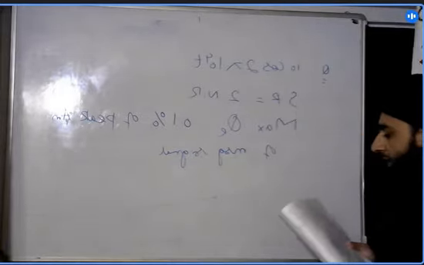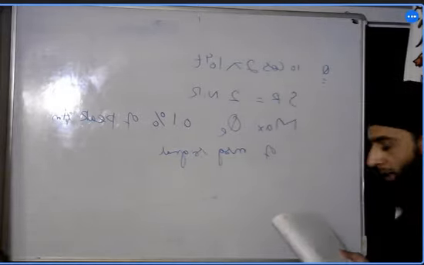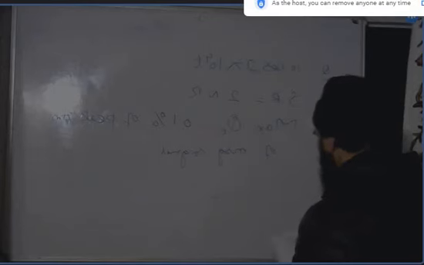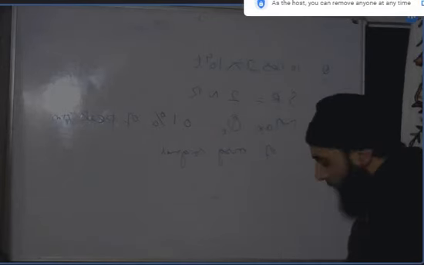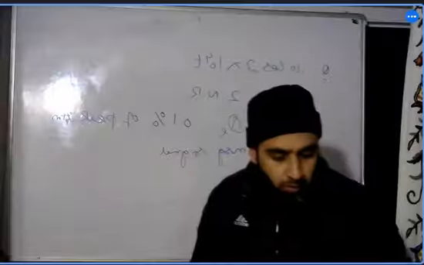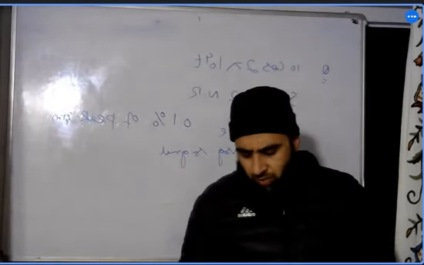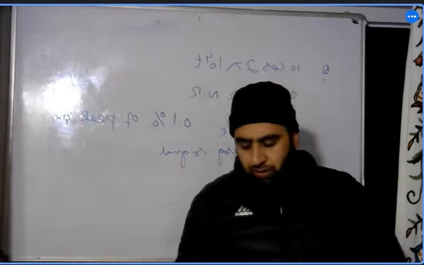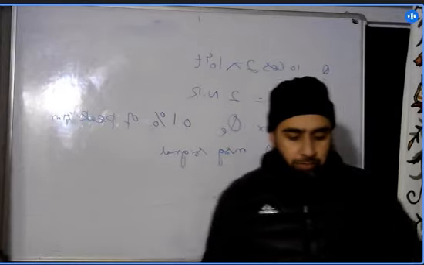I'll repeat. A message signal of 10 cos 2 pi 10 raised power 4t is transmitted through a PCM system with sampling rate twice the Nyquist rate, as you can see.